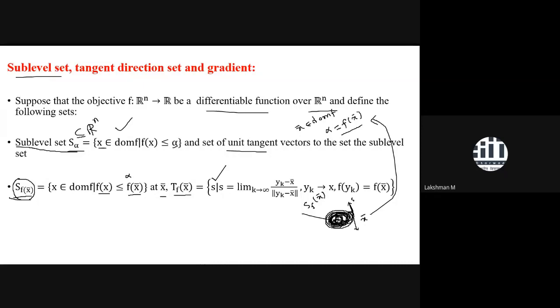Also, whenever we are talking about direction, direction is always a ray. It is not a two-dimensional kind of thing. So we always define direction with respect to a reference point. But this S is defined in such a way that it is a unit vector, because if you have a vector, the best way to represent its direction is by dividing the vector by its norm.